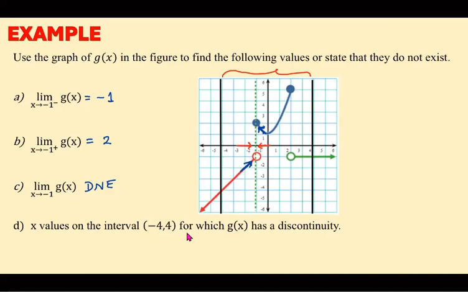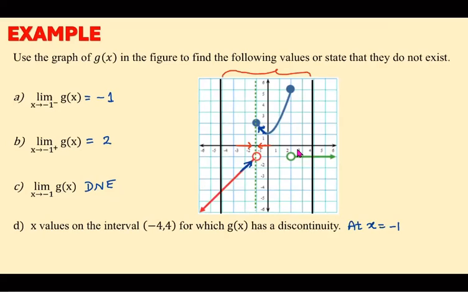On that interval, we have to find the values of x for which the function is discontinuous, or has a discontinuity. You can see that the first discontinuity is here. We have a jump in the function, so that is at x equal to -1. And also we have another jump discontinuity here at x equal to 2.